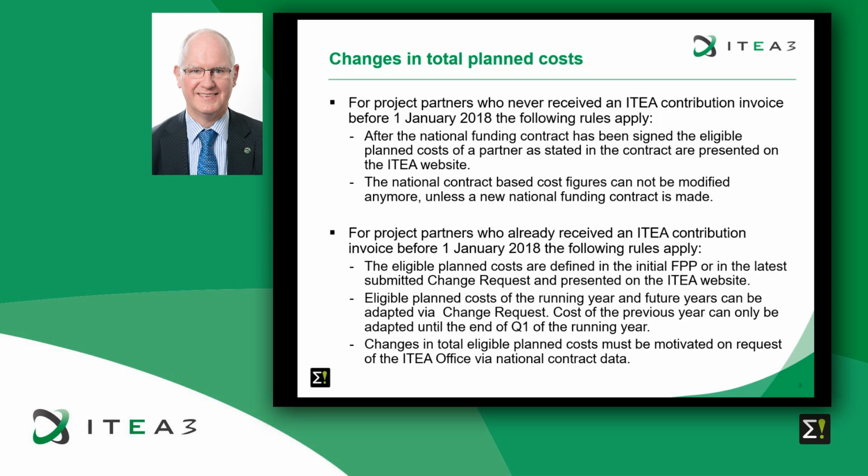The eligible planned cost of the running year, so this year and future years, can be adapted via a change request. However, costs in the past, so for previous years, can only be adapted until the end of Q1 of this year. Changes in the total eligible planned cost must be motivated on request of the ITEA office, for instance via the national contract data.